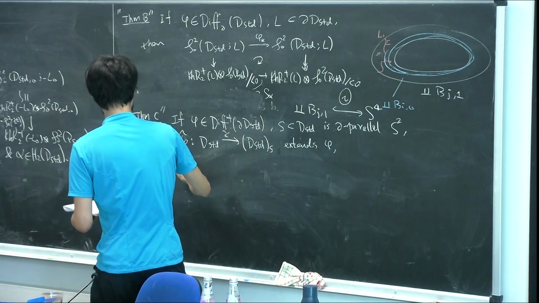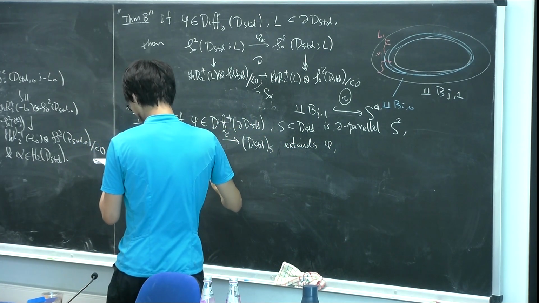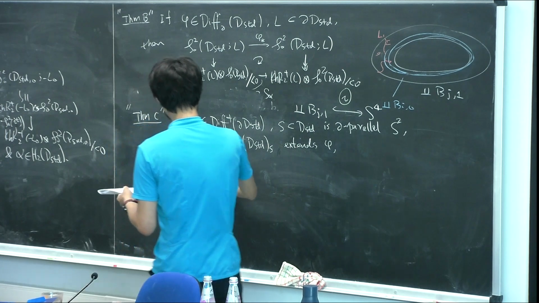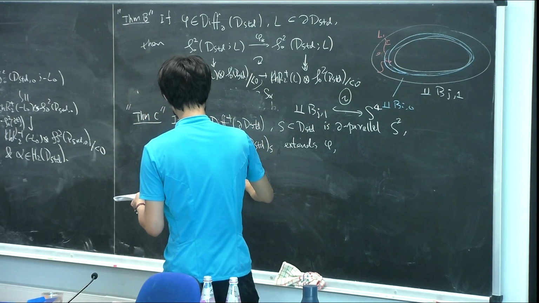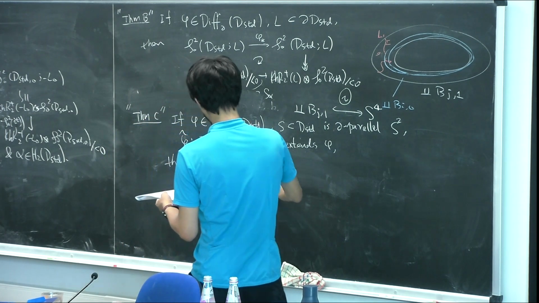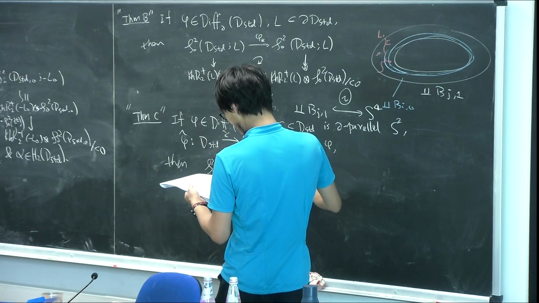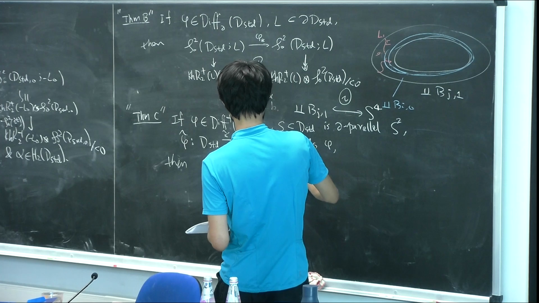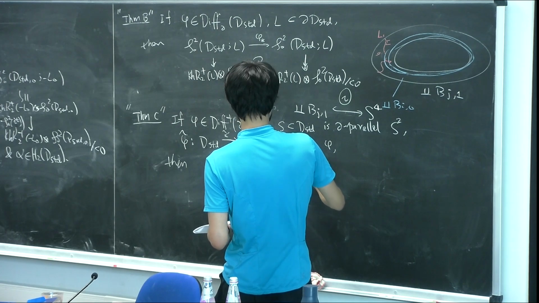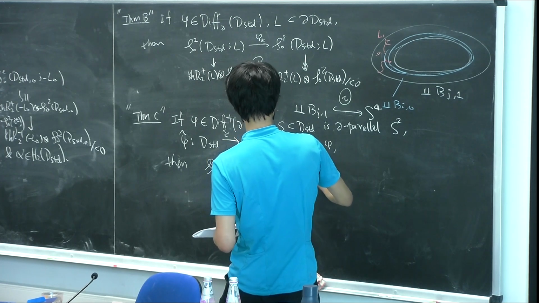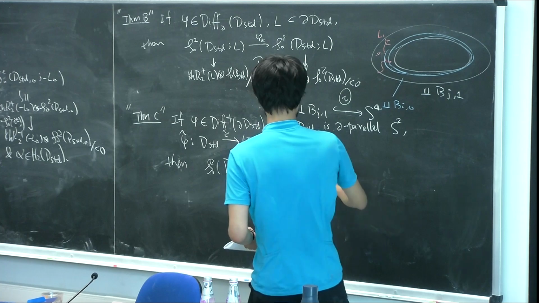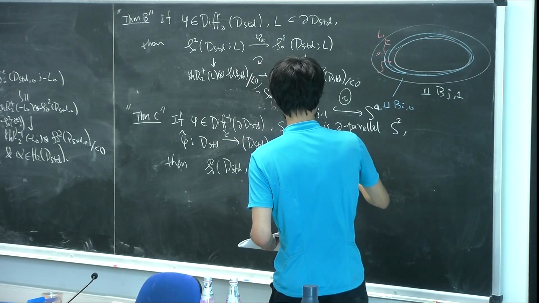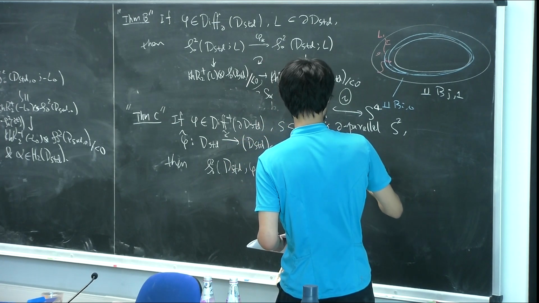Then we can form a similar diagram: skein lasagna module of D standard, boundary link phi of L, perform the lasagna gauge twist D standard S, phi of L S, to the skein lasagna module of D standard gauge twist.